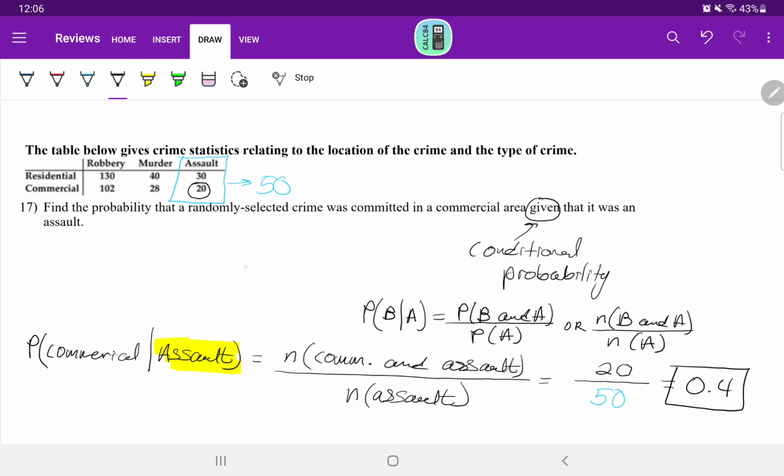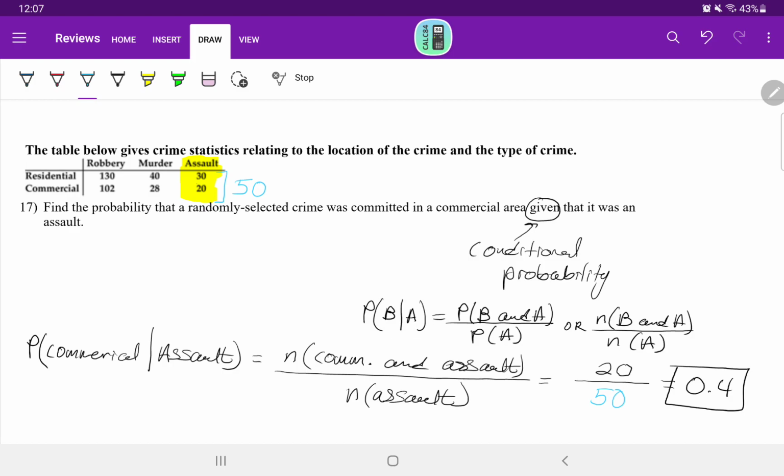You can also do it when it comes to a table by reading it and analyzing the formula. It says here, you want to find the probability that a randomly selected crime was committed in a commercial area, given that it was an assault. What is given to you in this case? Well, you are given the fact that the crime is an assault. That is given. How many crimes are assaults? There are a total of 50 crimes that are assaults.